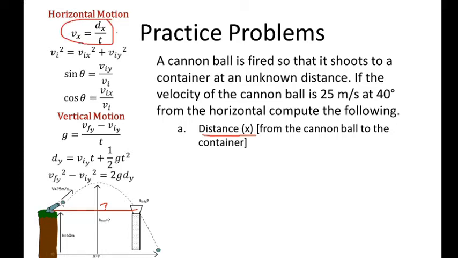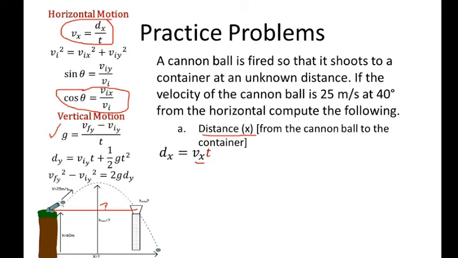The formula is dx equals velocity times time. Now vx is again this formula right here; the initial velocity in x, or vix, is just the same as vx because the velocity is constant horizontally. And then for the time, we can also use this formula right here.